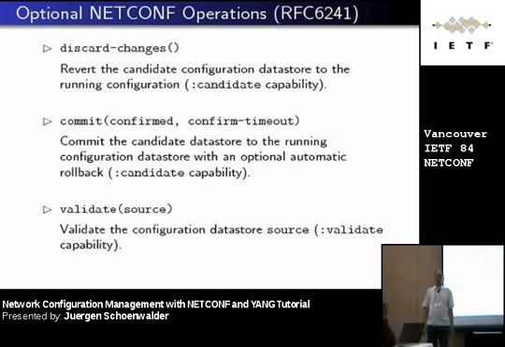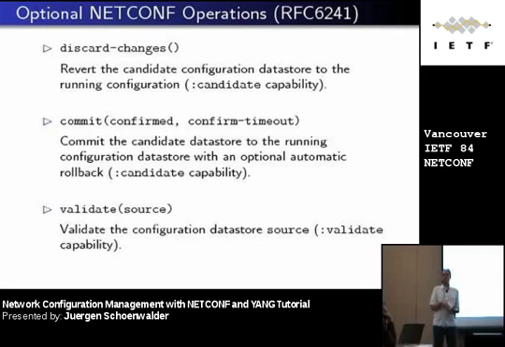So you commit, you try to get back into the device, and you confirm everything is right. If for whatever reason you can't get back to the device, it is going to roll back to the previous configuration. So it's the automatic rollback that's important. And you can provide a timeout parameter saying, commit this configuration, I'm going to come back to you within a minute.